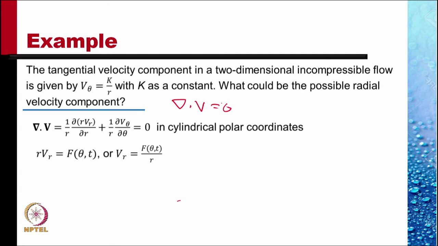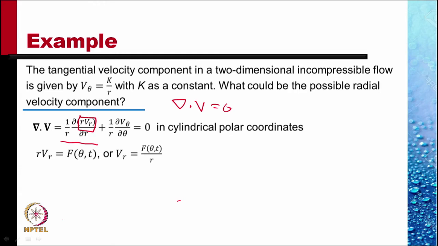And since v theta is a function of r alone, not of theta, the second term is 0. That means r Vr is independent of r.